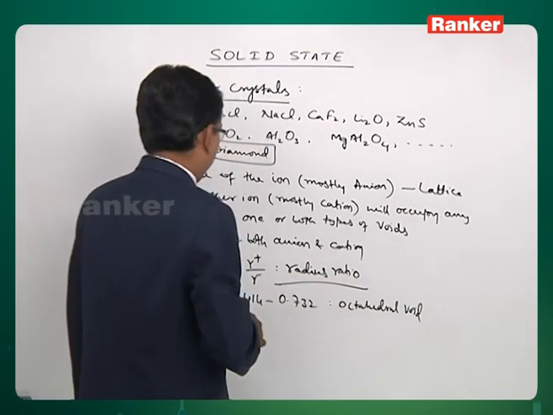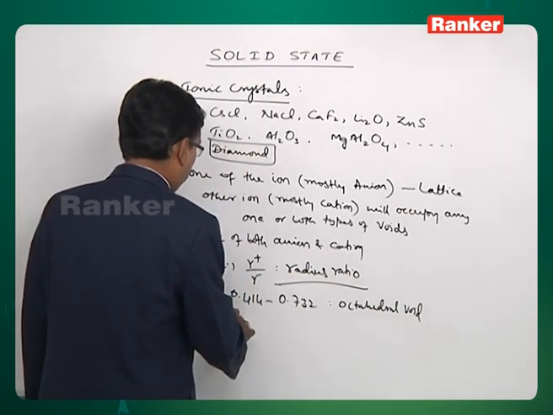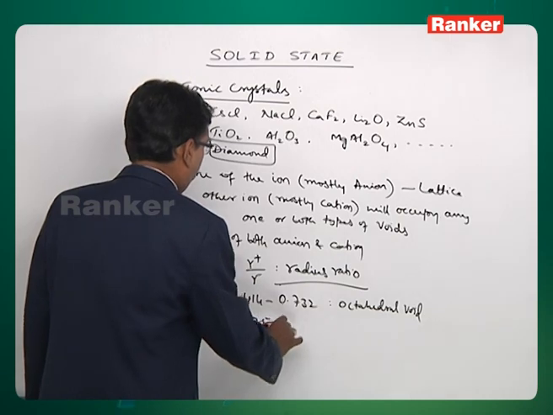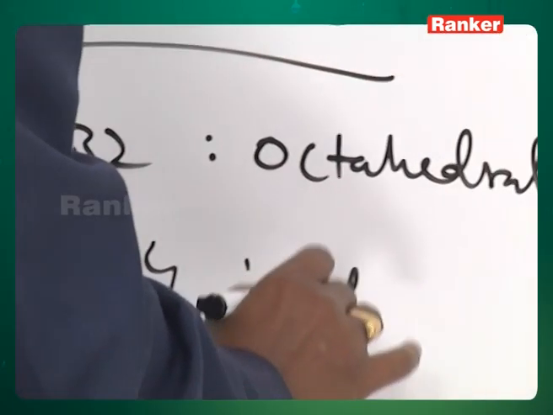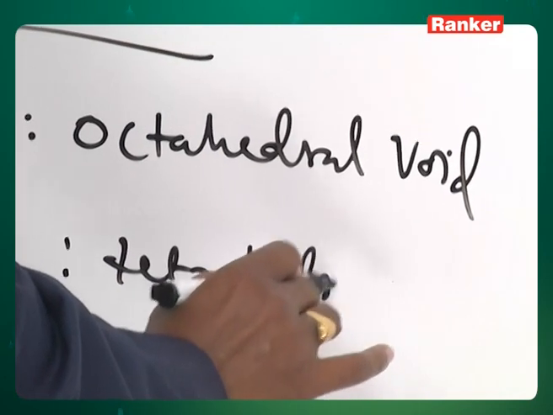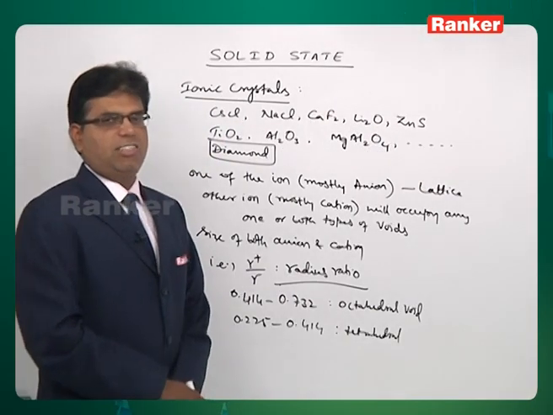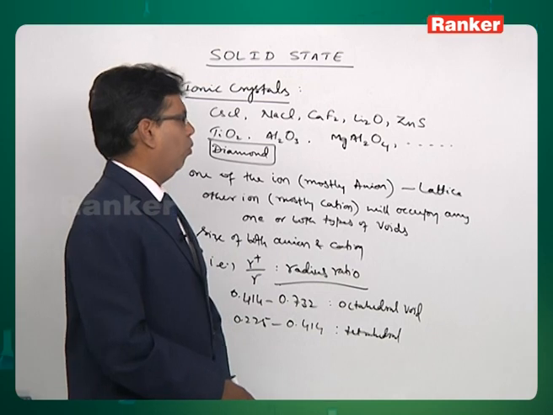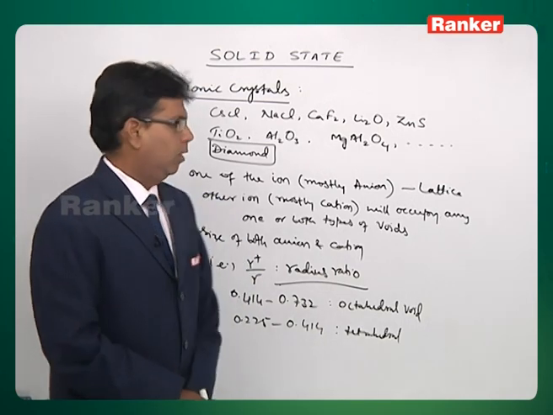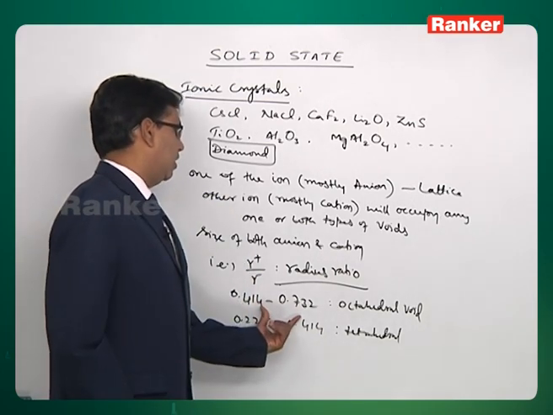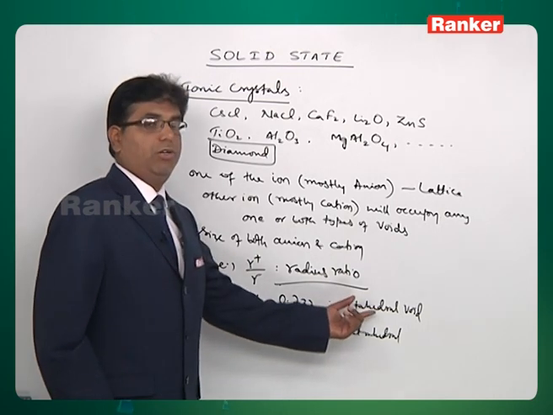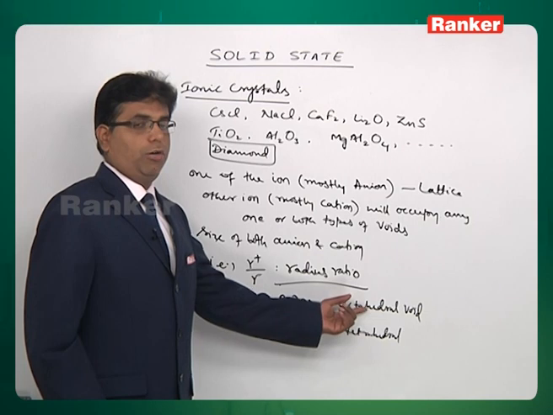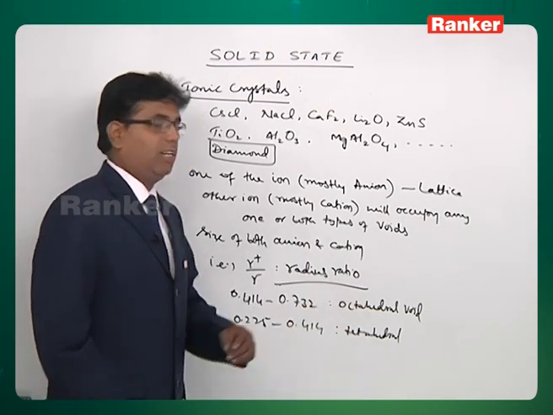But instead, if R plus by R minus is between 0.225 to 0.414, then it occupies tetrahedral void. So, it all depends on the radius ratio. Now, why the cation anion radius ratio lies between 0.414 to 0.732 will give you octahedral void, otherwise tetrahedral void.